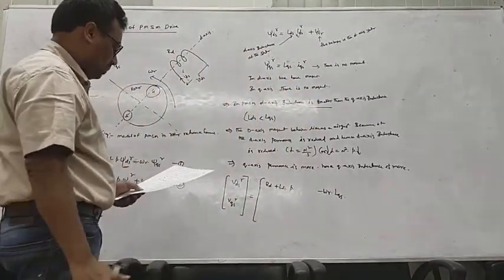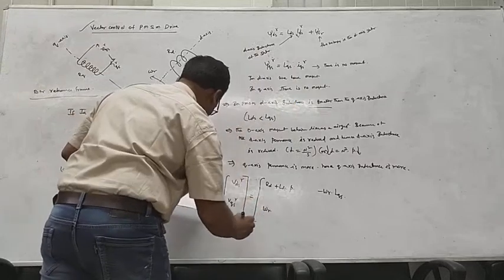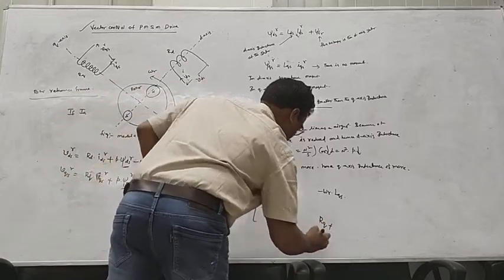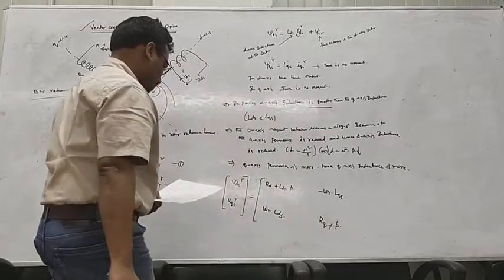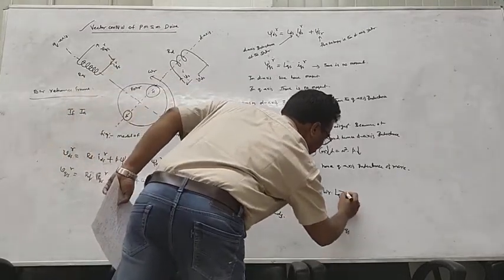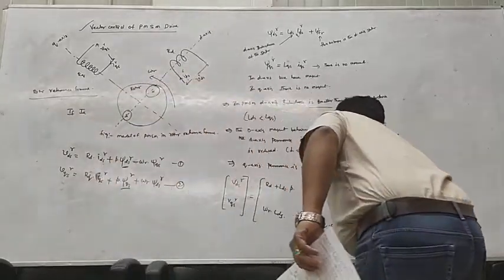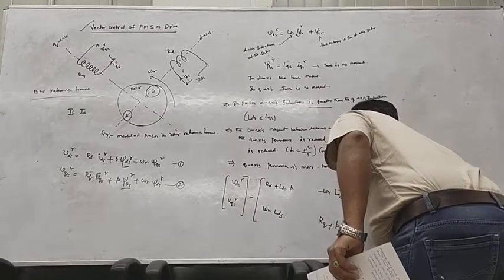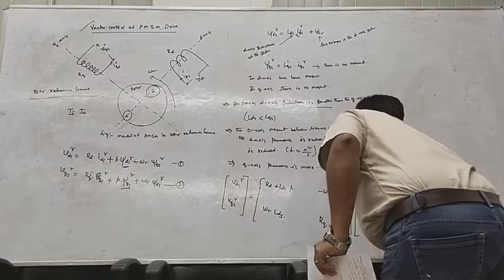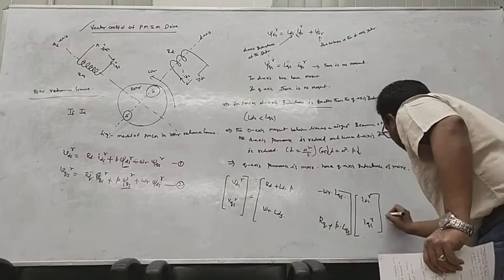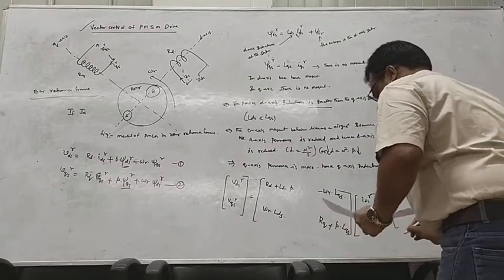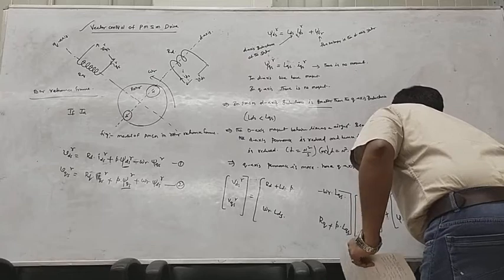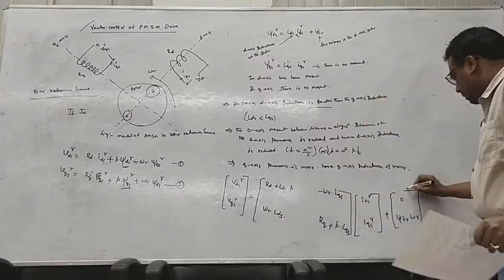And similarly, the rotation induced EMF, omega R into LDS, and RQ plus the differential operator into LQS, and here IDS R and IQS R, and this is the rotational induced EMF, that is 0, and psi f R into omega R. So this block is nothing but the field induced EMF.